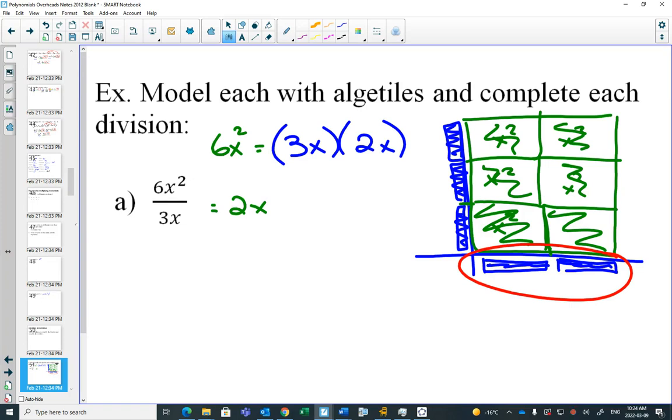What are we going to do that makes this easier algebraically? How do you think I'm going to get the 2 if I have 6x squared divided by 3x? Where does that 2 come from? Well, if we multiply the coefficients when we're multiplying, does it make sense that we'll divide the coefficients when we're dividing? And 6 divided by 3 is 2.